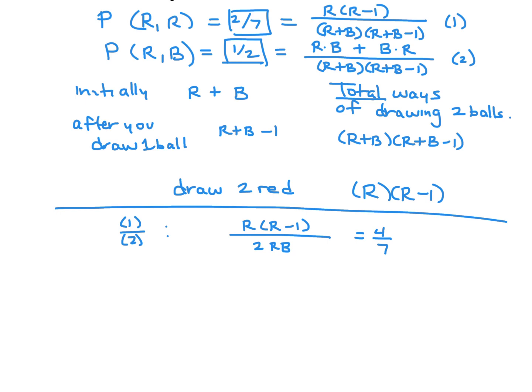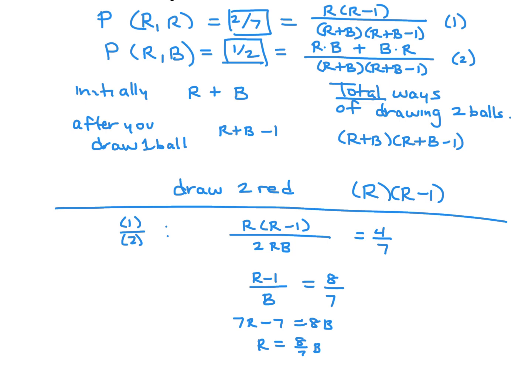So no tricks there. I just divided equation 1 by equation 2. And then now I can, in a very straightforward way, solve this. The R's cancel, so it'll be just R minus 1 over B, and that'll be 8 over 7, I believe. And then if you cross multiply, you get 7R minus 7 is 8B.